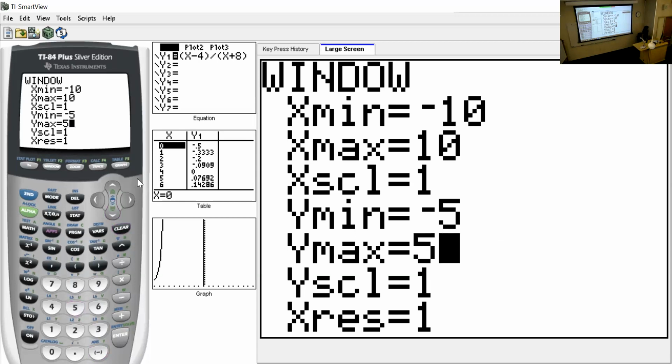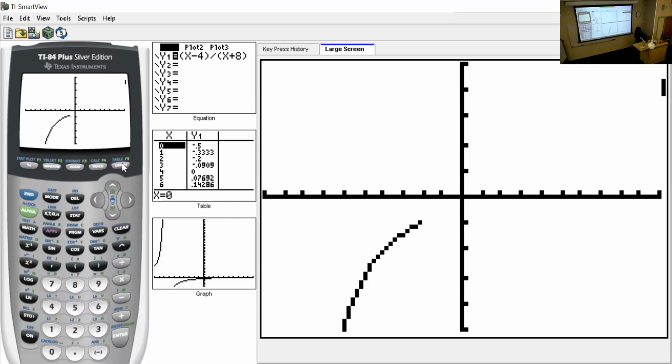That's good enough. The function is going this way, and the range doesn't seem to exceed this point, correct? So all that empty space, I can get rid of that. So let's go ahead and get rid of that too.